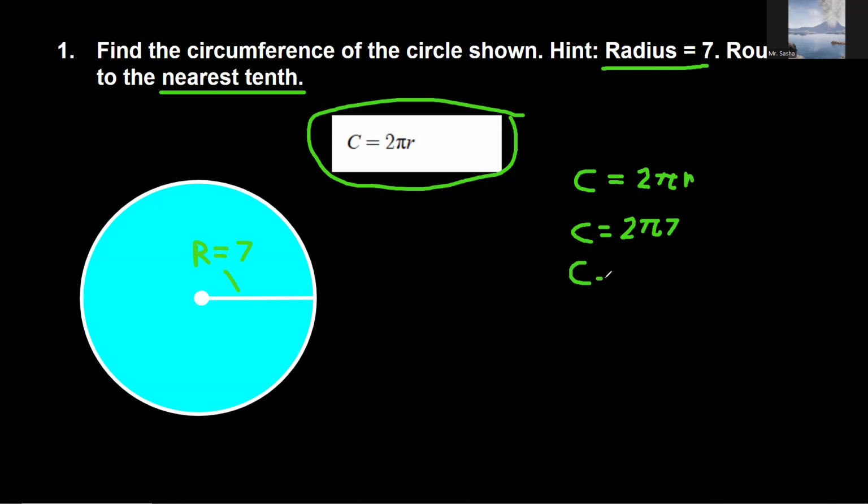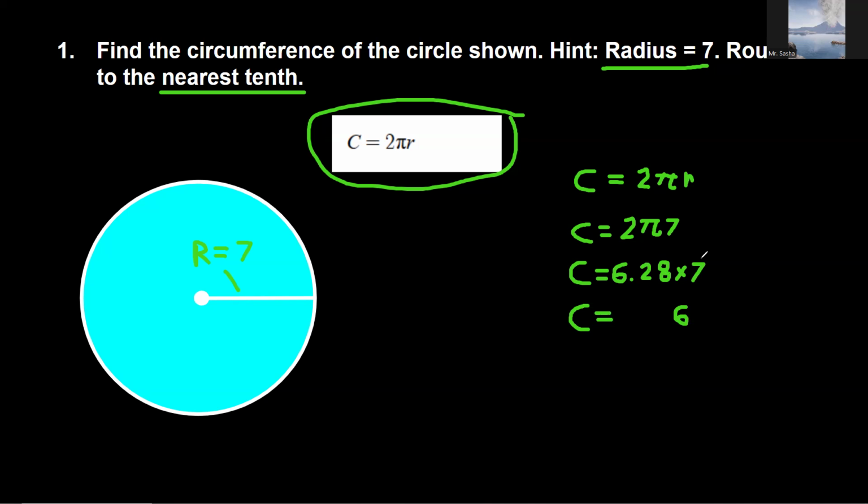So 2 times pi is 6.28. And then you multiply that times 7.